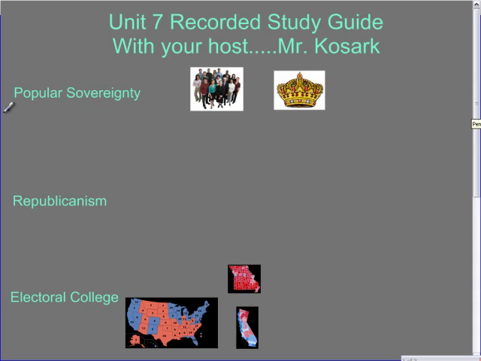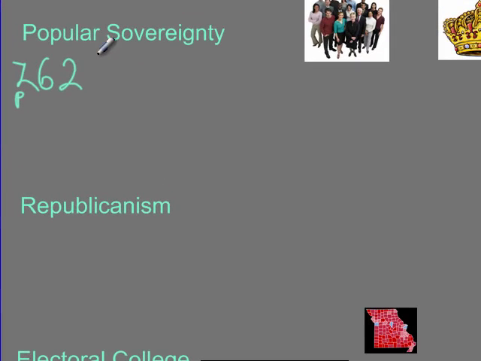This is going to be found on page 262. What you need to know about popular sovereignty is it can be broken down into 2 parts, because it's 2 words, obviously. Popular in this case means people, and sovereignty, if you look at it, has the word reign in it. If you think about a king or queen reigning over their people, it means that they rule over their people.